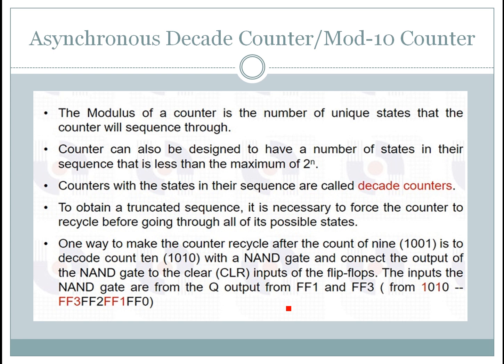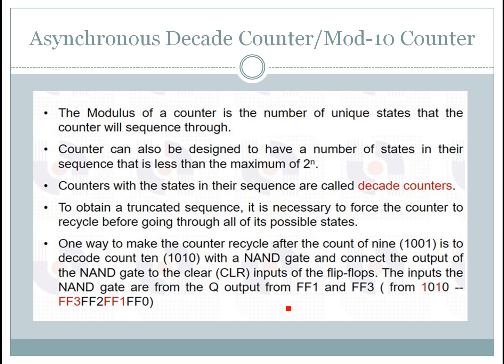So after 9 again it has to repeat its count. That means after 9 we should not get 10, that is 1010, but we should get 0000. So that is the meaning of the mod 10 counter.